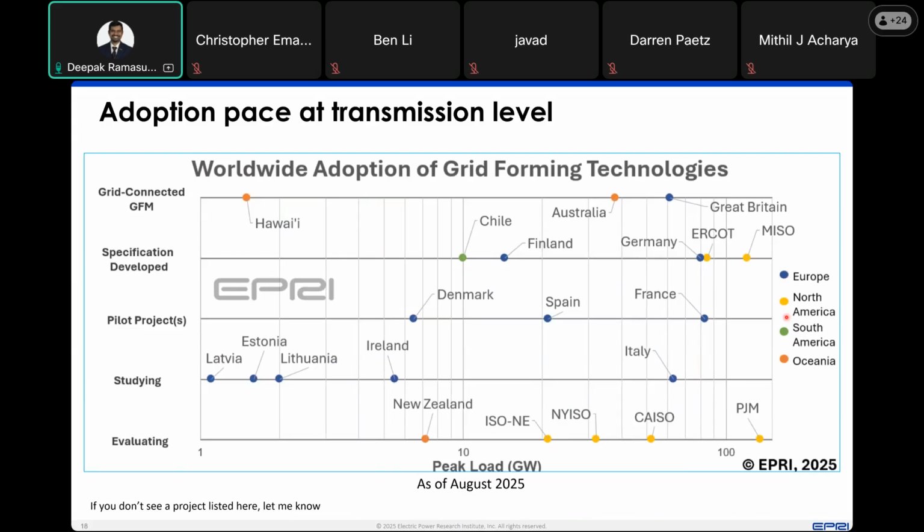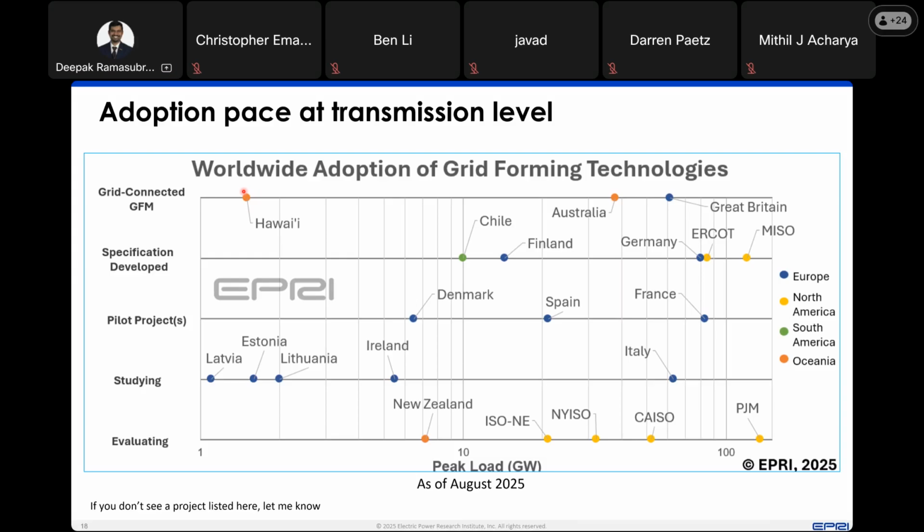Some of the larger networks are still at the evaluation stage. Some of the smaller networks are, of course, already operational. They have devices on the network that are actually functional already. And this is, again, something that needs to be updated as we keep going along in this process.